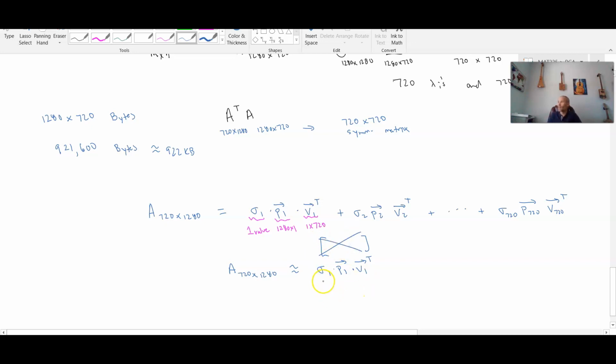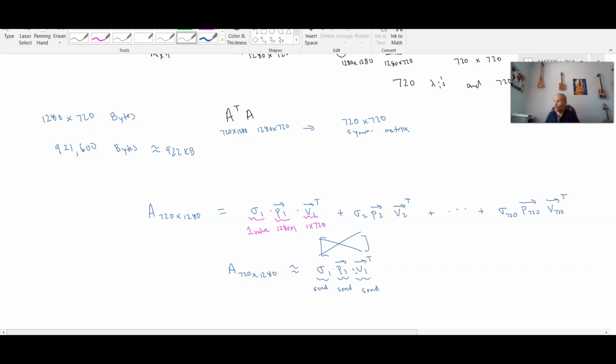Instead, what I'll send them is one value: my sigma 1. I'll send them P1, and I'll also send them V1 transpose. Then I give the computer instructions, and this is where we're kind of removed as human beings.